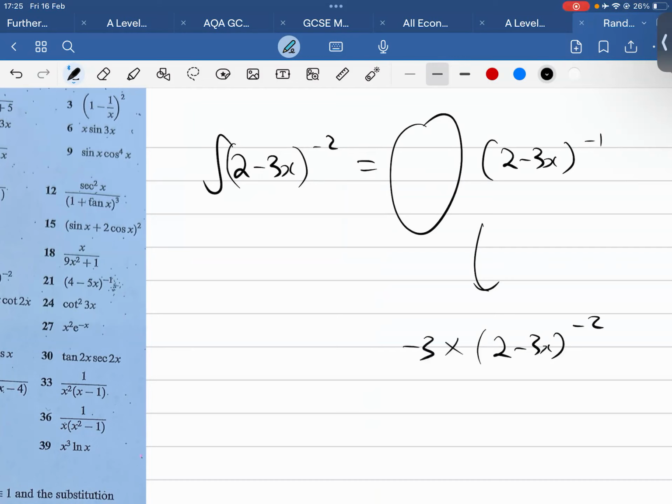So this has to be minus a third to make that. It's always the reciprocal of that. Basically, differentiate the inside part, and that's what gets multiplied. And that's obviously way quicker than the other methods, but hardest to remember.